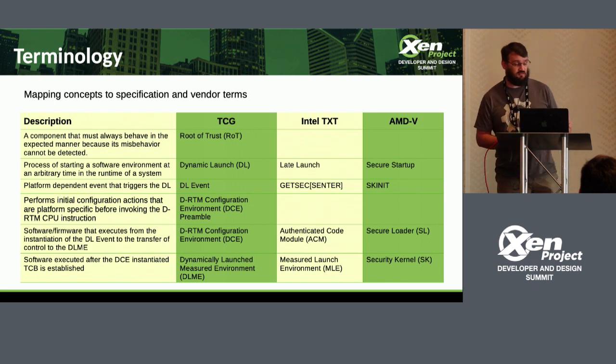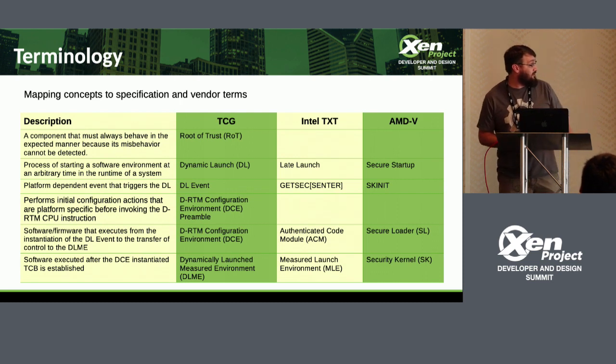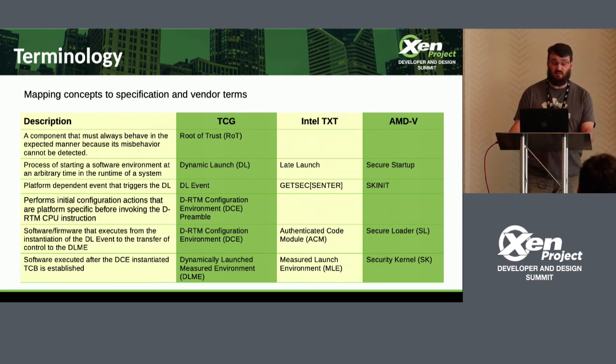The key things to consider is what a dynamic launch is, the event that's being triggered. So when I talk about DL event, that means the specific CPU instruction that starts all of this. The DCE Preamble is the software that's initially loaded by the DL event.